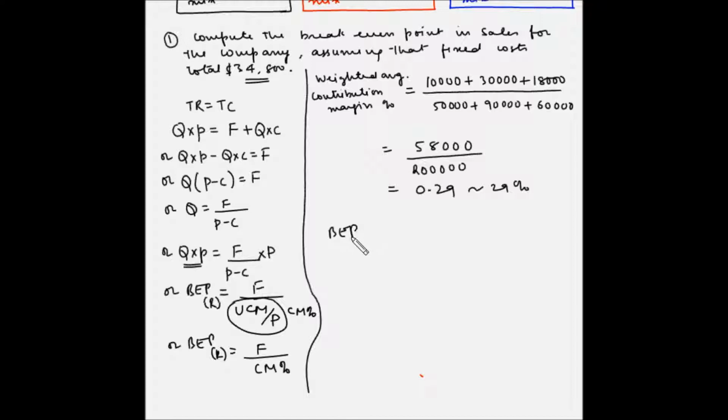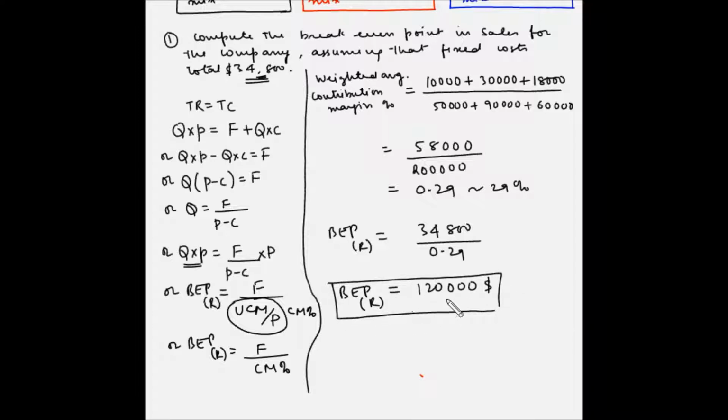So break-even point in terms of revenue is equal to the fixed cost, which is 34,800, which is given here, divided by the contribution margin ratio or the contribution margin percent, which is 0.29. So this is equal to $120,000. So this is the break-even point in terms of revenue.